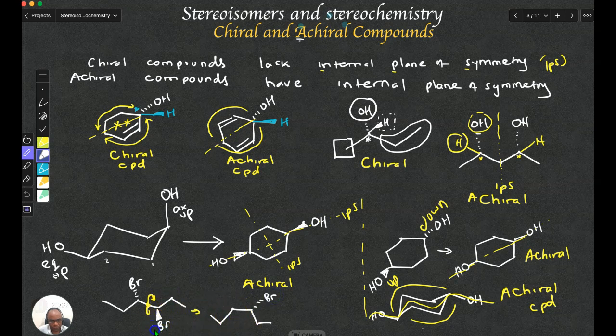I'm rotating only the right side. You can rotate whichever side. I'm keeping the left side. This stays. And because rotation of a point along the bond gives you an internal plane of symmetry, this molecule is also achiral. So watch out for what we call center of inversion. Center of inversion, center of rotation can create internal plane of symmetry, judging the molecule to be achiral.